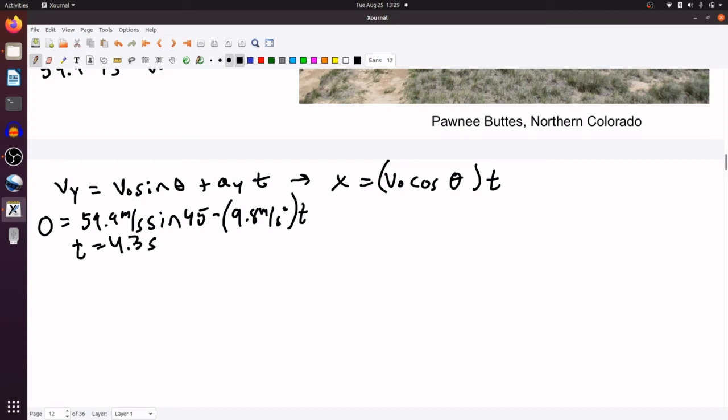So then we plug it into x equals v naught x t, or x equals v naught cos theta t. So that's x equals 59.9 meters a second cosine of 45, and then times t, which is 4.3.